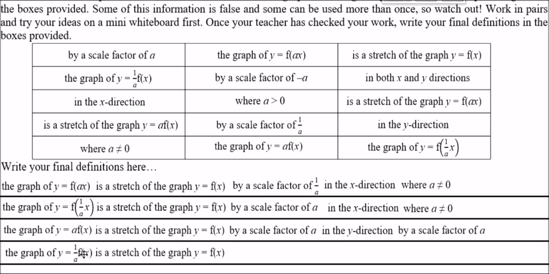So it's going to multiply f of x by 1 over a. In other words, the scale factor is 1 over a, and it's in the y direction. More than that, because we've got 1 over something, we can't divide by 0. So again, we must stipulate that a is not 0.